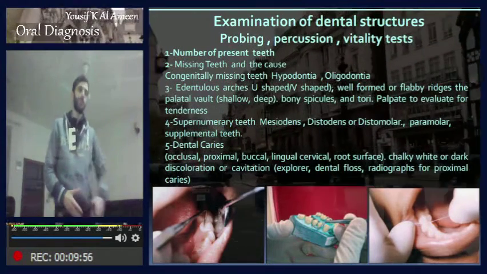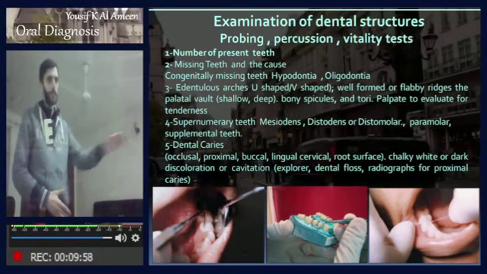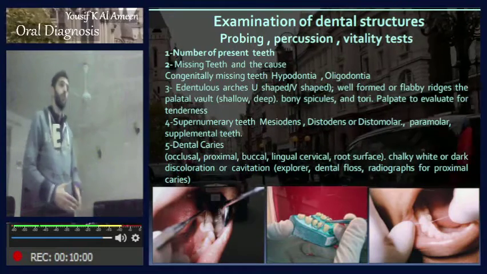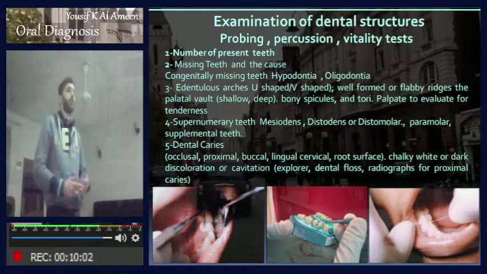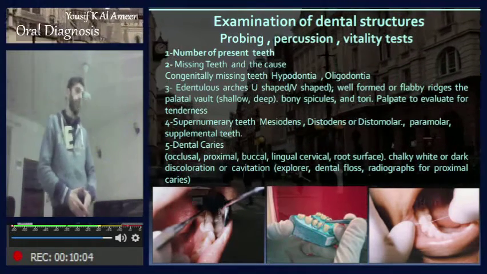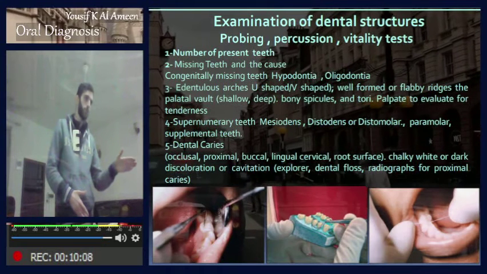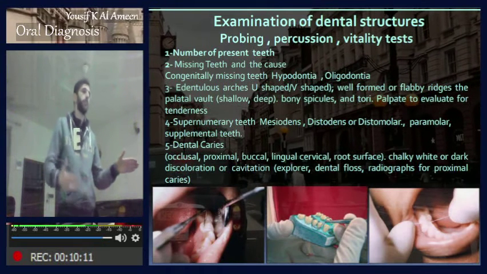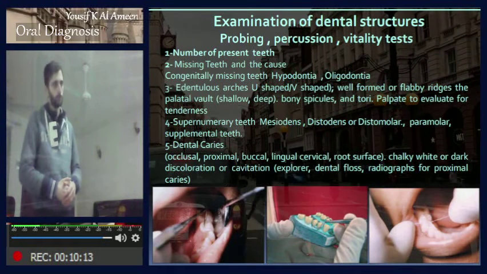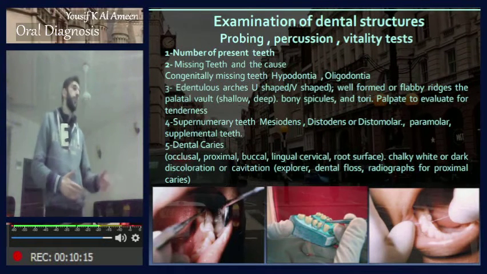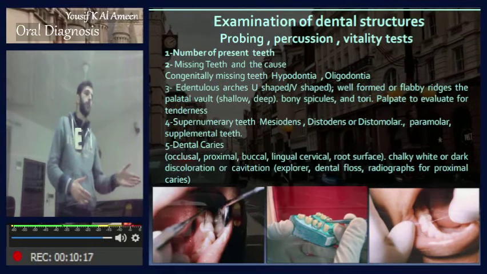supernumerary, supplemental teeth, dental caries, occlusal caries, proximal, buccal, lingual, cervical and root surface caries, chalky white or dark discoloration or cavitation. Explore, use dental floss and radiographs for proximal caries.